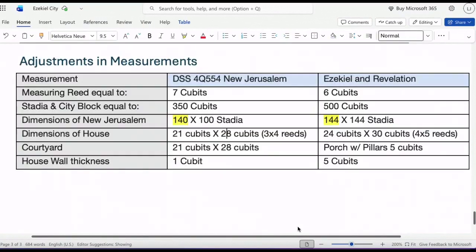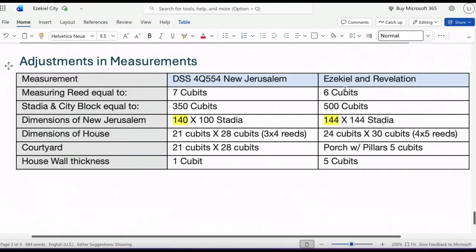Just wanted to point out real quick, we do have to make some adjustments with these measurements. We're mentioning them in the video, but I just wanted to show you this graphic real quick, so that in the Qumran Dead Sea Scroll New Jerusalem, they do have a different measuring reed. They have 7 cubits in a measuring reed, but in Ezekiel, what we have is 6 cubits.